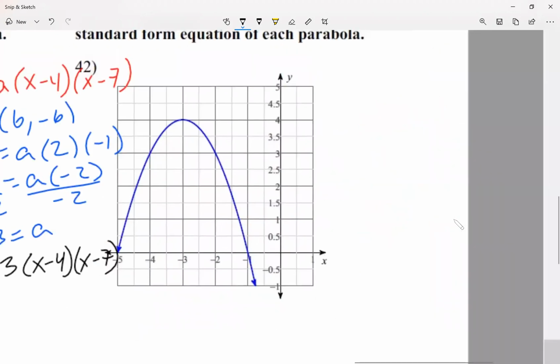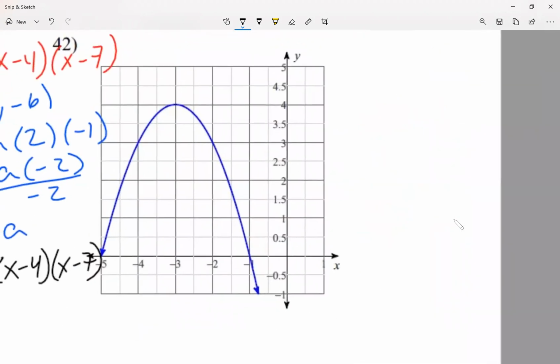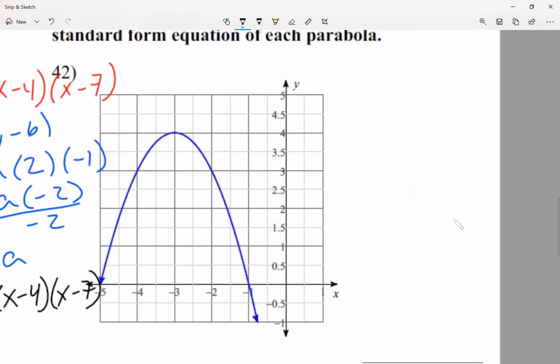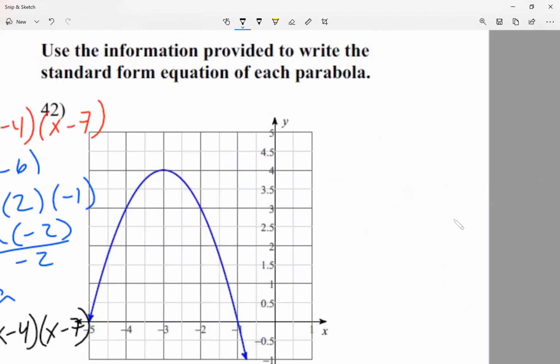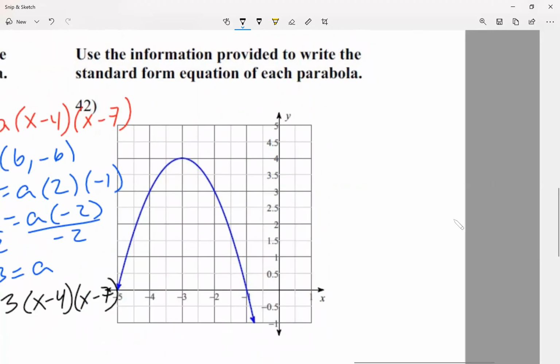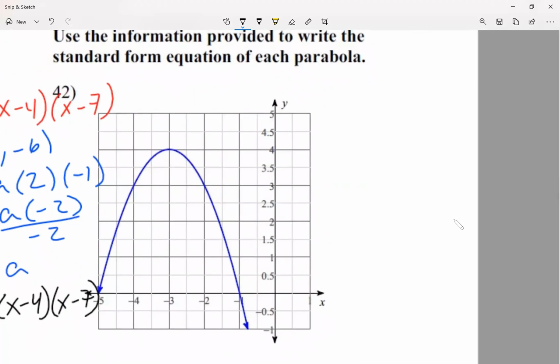Then let me review question number 47. They're asking for the standard form. Use the information provided to write the standard form. I could start using the intercept form, or I could start using the vertex form. It doesn't quite matter, so let me use the intercept form.